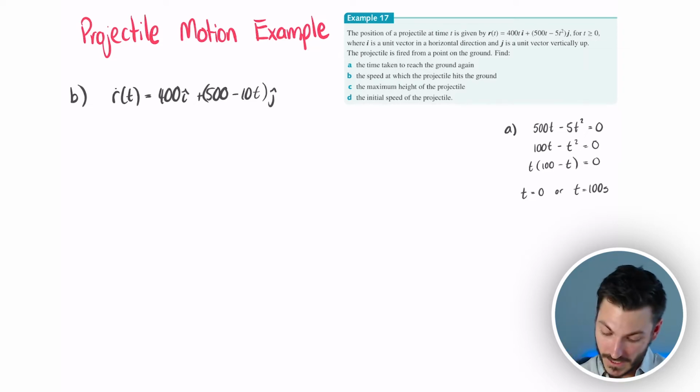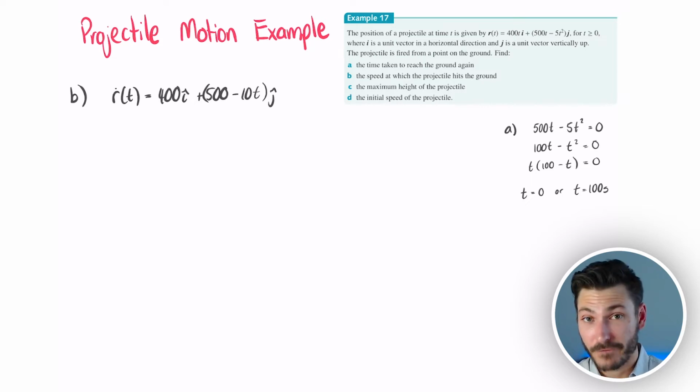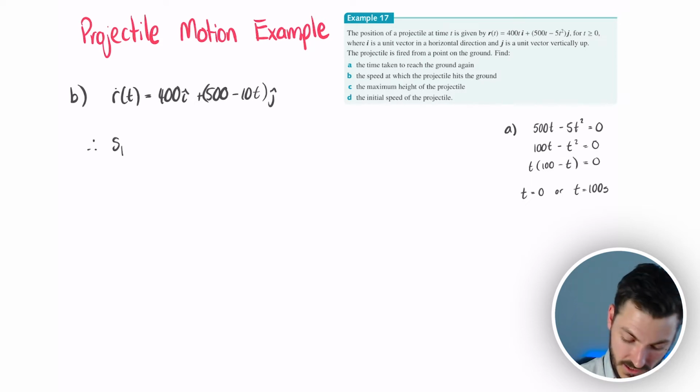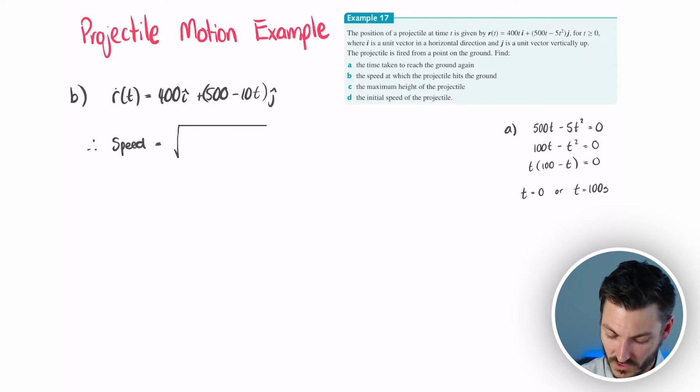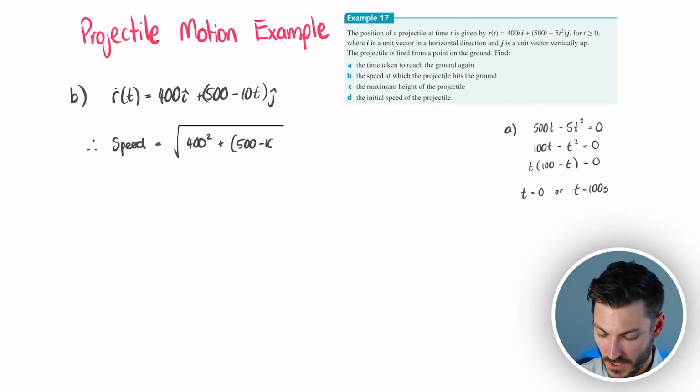I need the magnitude of the velocity vector here, so speed equals the square root of 400 squared plus (500 minus 10t) all squared.